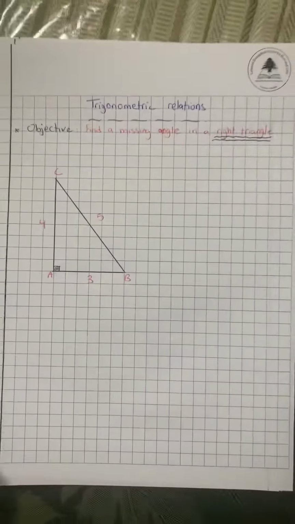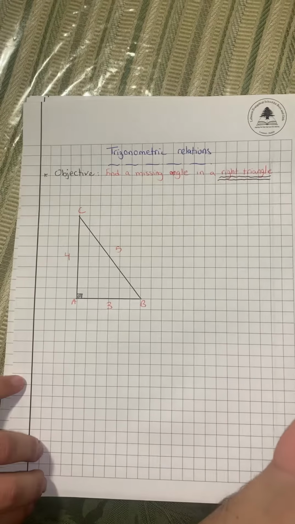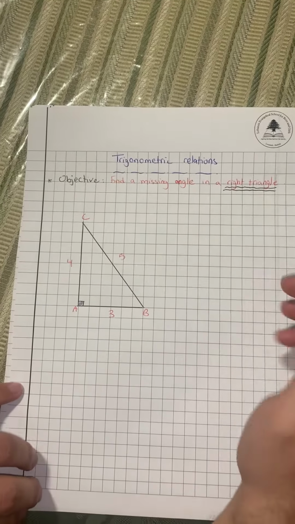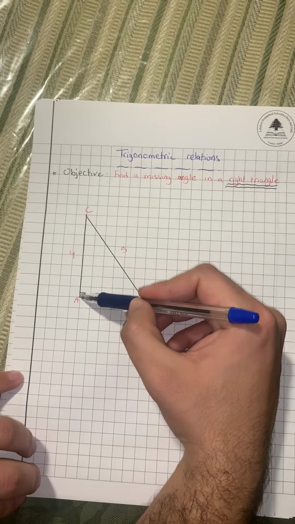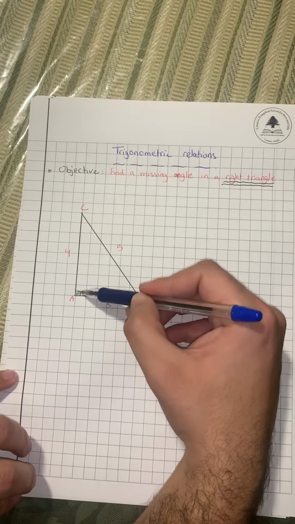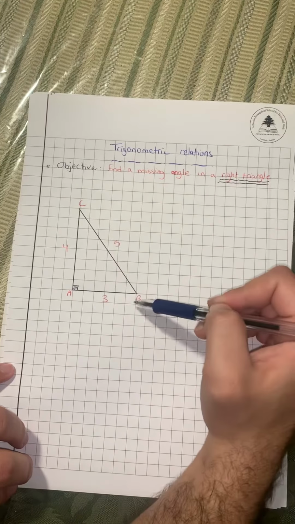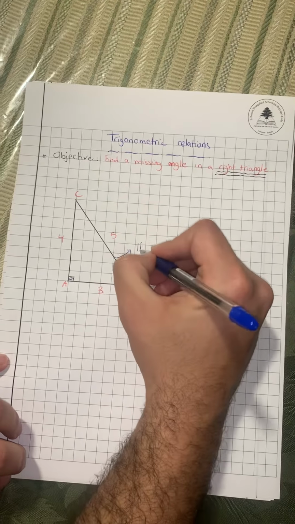What I want you to know, before we start this chapter, are the names of the sides. You already know that the longest side, which is usually facing the angle 90, that is facing angle CAB, we call it hypotenuse.